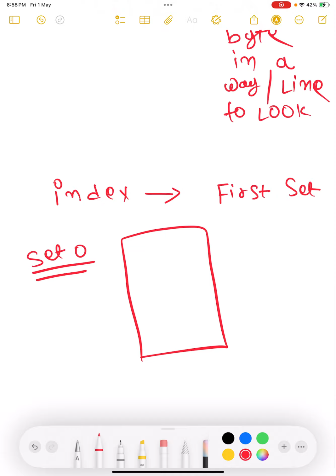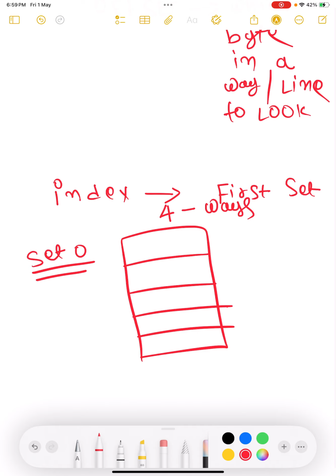Let us suppose your set 0 is organized in a four-way structure. Four-way structure means in each set you will have four ways. You understood? Four ways: way 0, way 1, way 2, way 3. Let me write here. It is our way 0, way 1, way 2, way 3. And extremely sorry, I have drawn another line. Okay, fine.